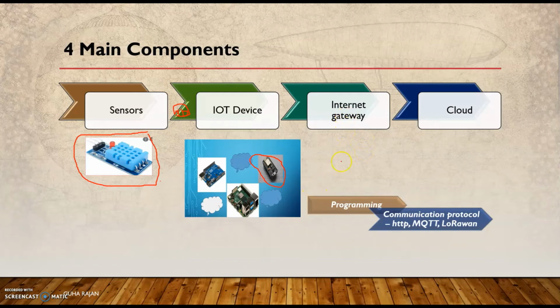Each one has Wi-Fi capability, so it can send data through the internet. The commonly used protocol is HTTP, and then a protocol called MQTT is there, and of course LoRaWAN is for the wide area network, narrowband wide area network. We'll get into that in a little more detail later.